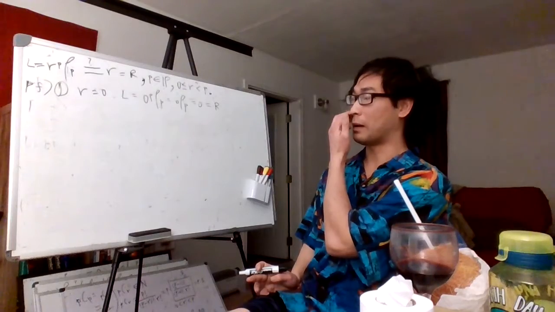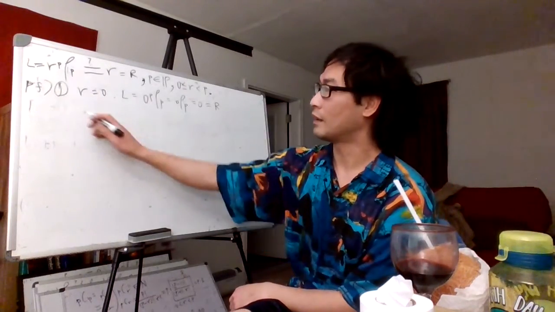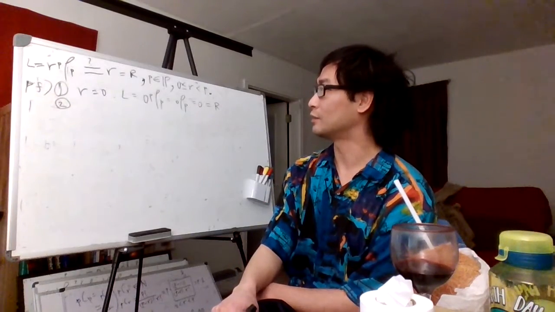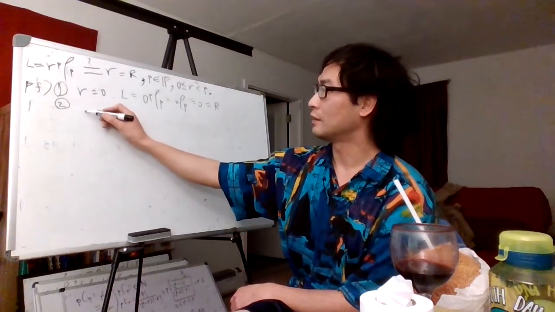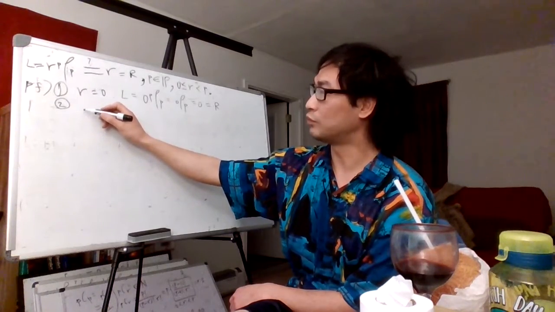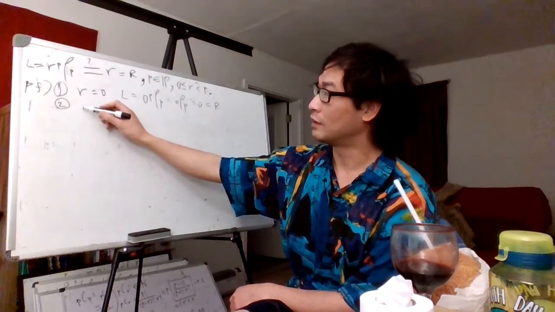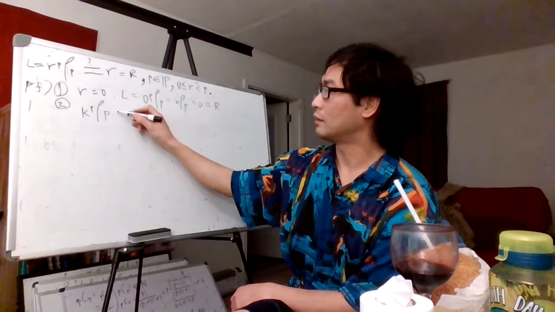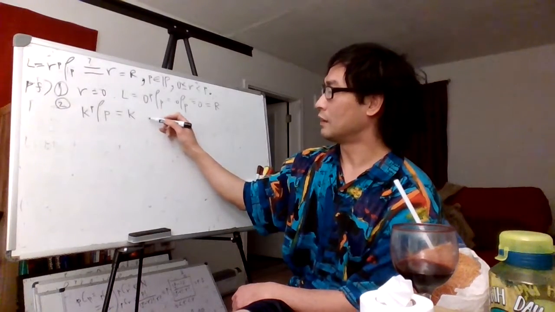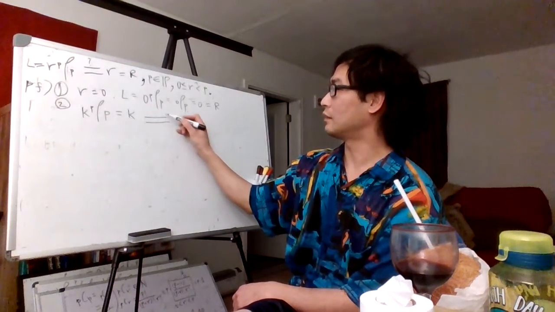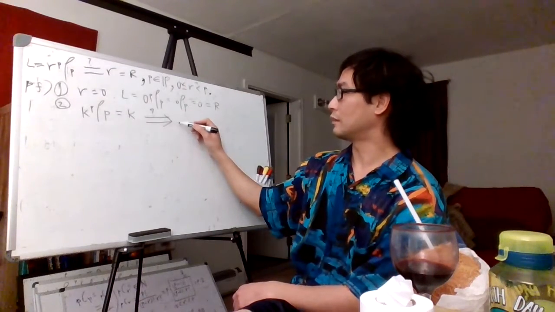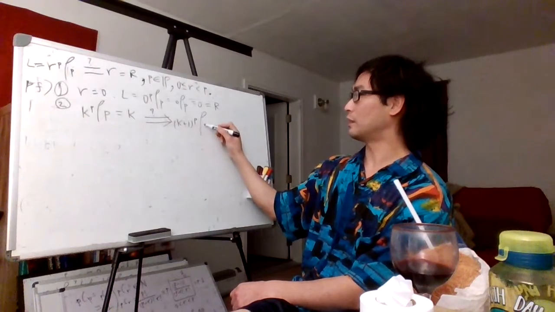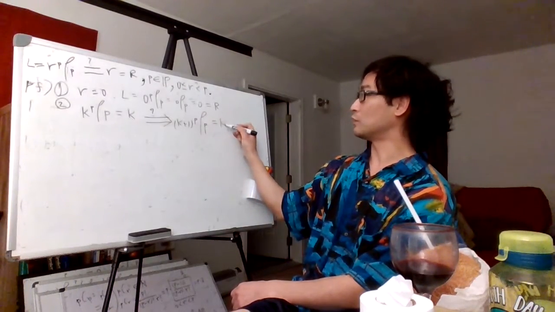Now let's say r is some k. We want to prove by mathematical induction: k to the p, mod p, is equal to k, if you assume that k plus 1 to the p, mod p, is equal to k plus 1.